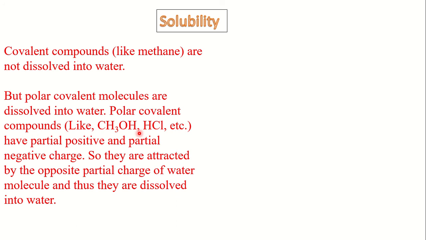Because when they are given into water, the partially positive end of these polar covalent compounds is attracted by the partially negative end of water, and the partially negative end of these polar compounds is attracted by the partially positive end of water, and these compounds are dissolved in water.